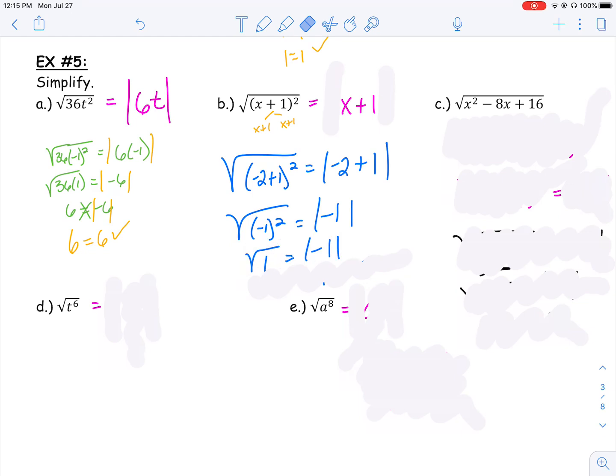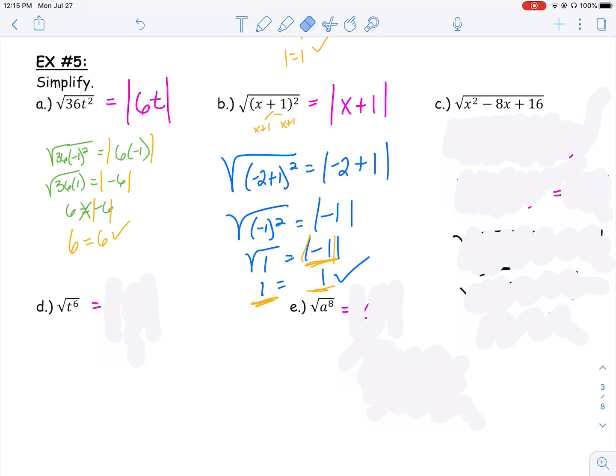On the right side, -2 plus 1 is -1. And so now I have this situation where I need to figure out if I need absolute values or not. Well, I know on the left side that the square root of 1 is 1. And over on this side, if I didn't have the absolute values, I would have a -1, which isn't true. As soon as I slap on those absolute values, the absolute value of 1 is 1, and then I know that the statement is true. So my answer definitely needs those absolute values.